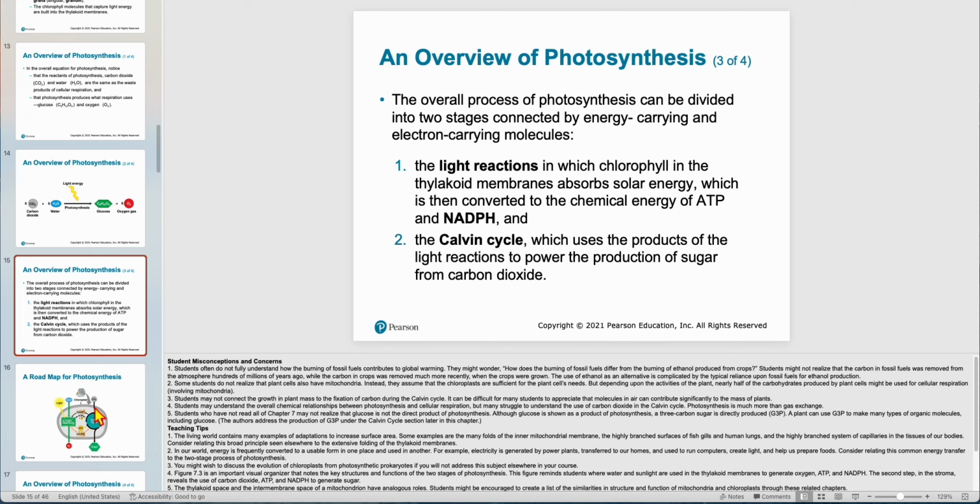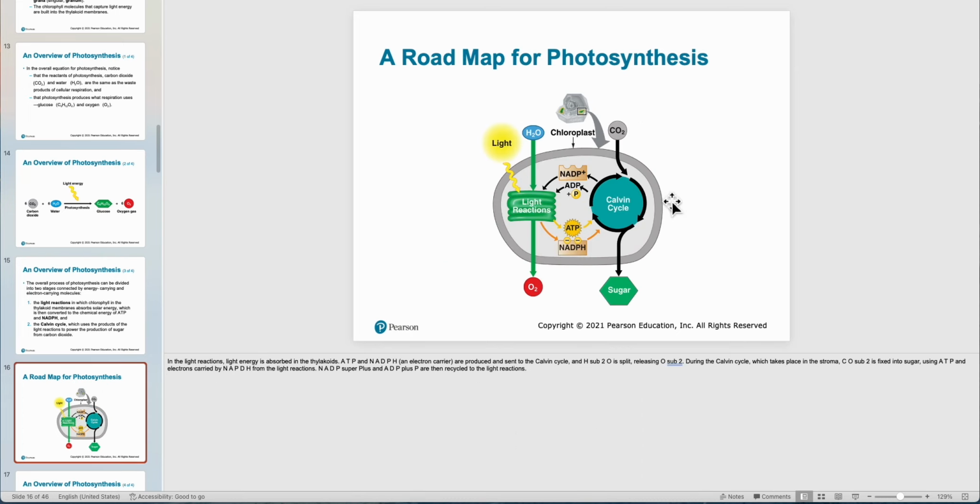Now here's our picture. When we look at this picture, it's very similar to cell respiration, and that's why I gave the caution at the end of chapter 6. Make sure you know cell respiration, and it makes this one that much easier. In this picture here, we see light coming in, bright light, daytime. During the light reaction, we're actually going to take the electrons from water.